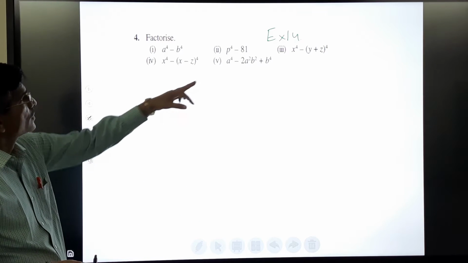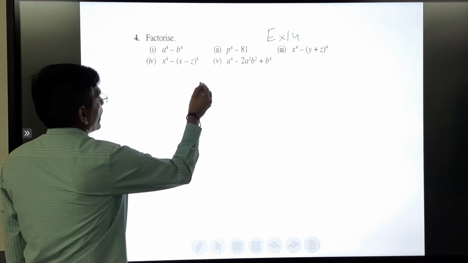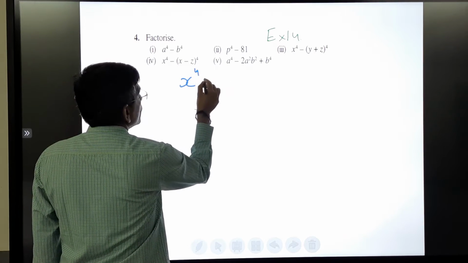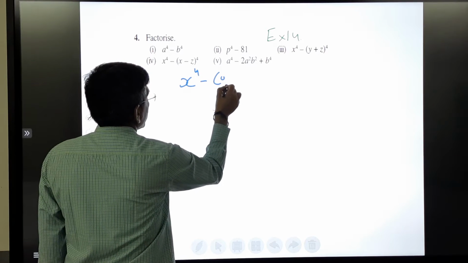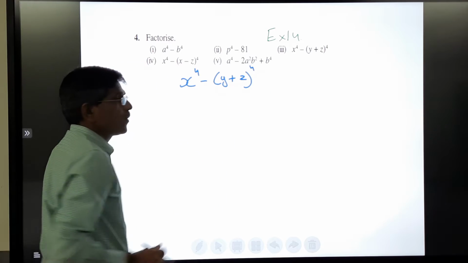Now we go for the third. Again power same is there. So x the power 4 minus y plus z the power 4.